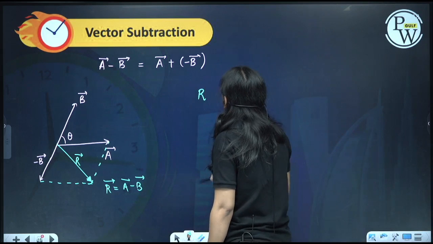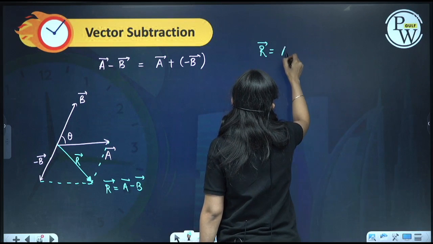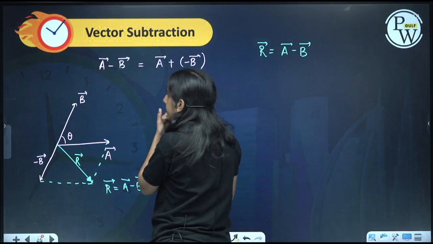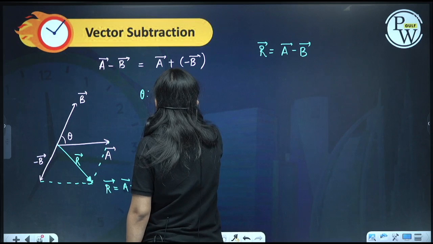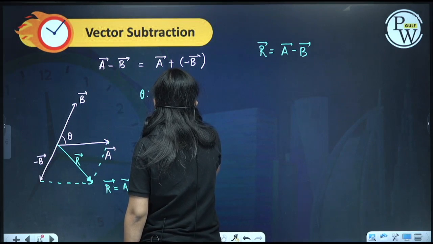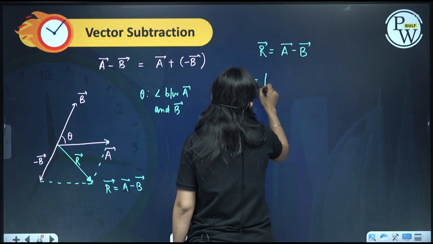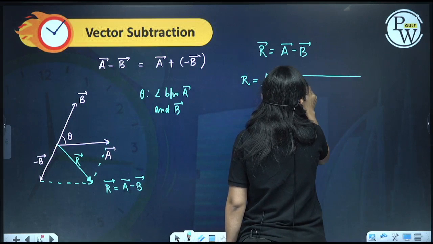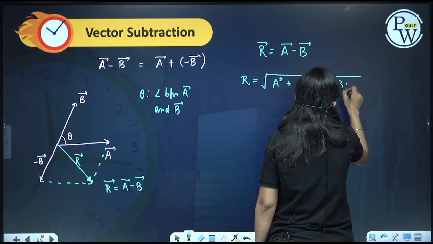Now if I have R vector equal to A vector minus B vector, where theta is the angle between A vector and B vector, then the magnitude of R will be equal to the root of A square plus B square minus 2AB cos theta.